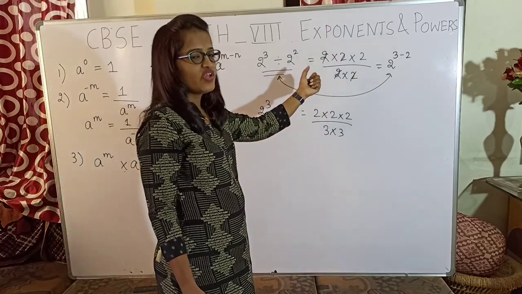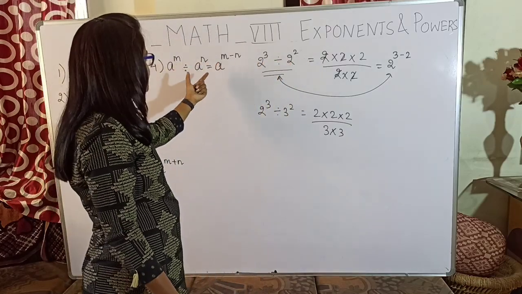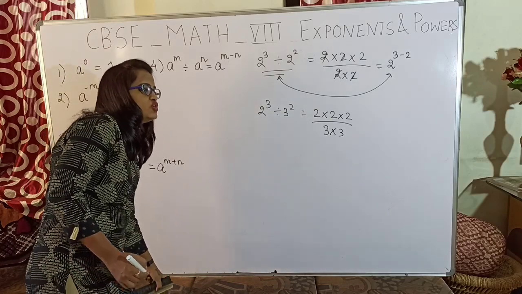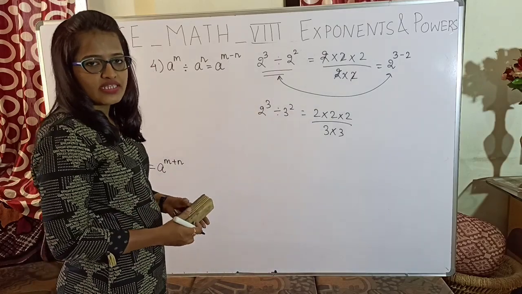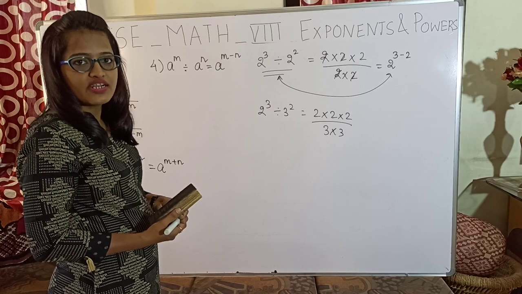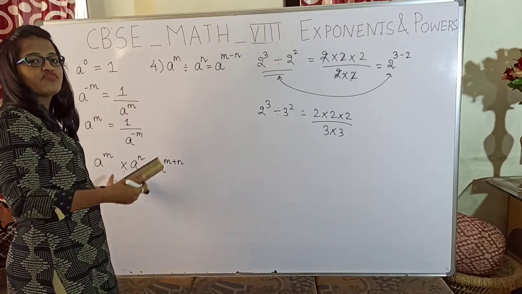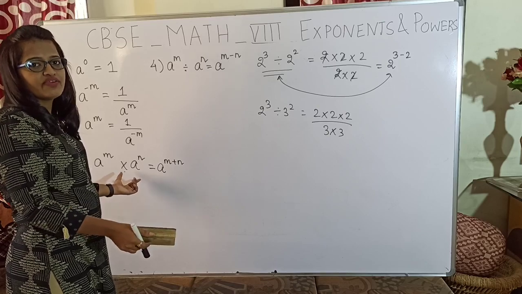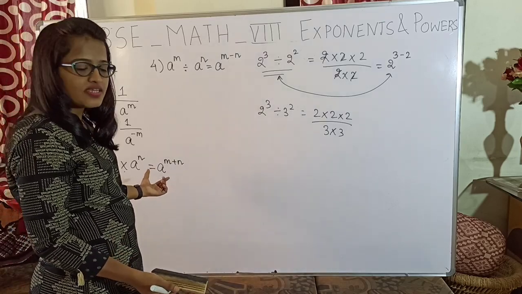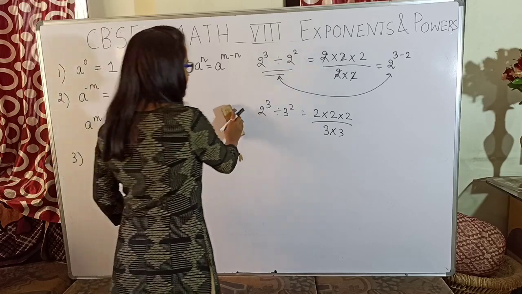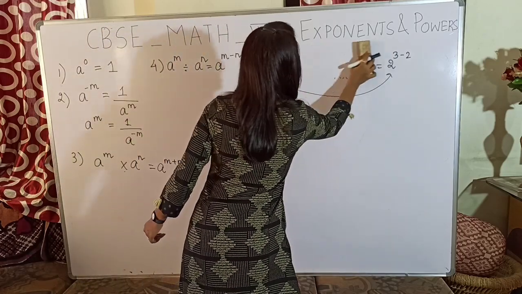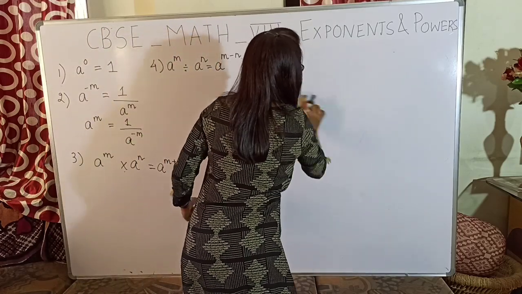How? Just now we have seen with the help of the example. Because when you are dividing, you are actually cancelling them out. Hence, the index would get reduced. But when you are multiplying, the number of times the number gets multiplied with itself increases, and hence the index gets added. Okay, let us see the next law.